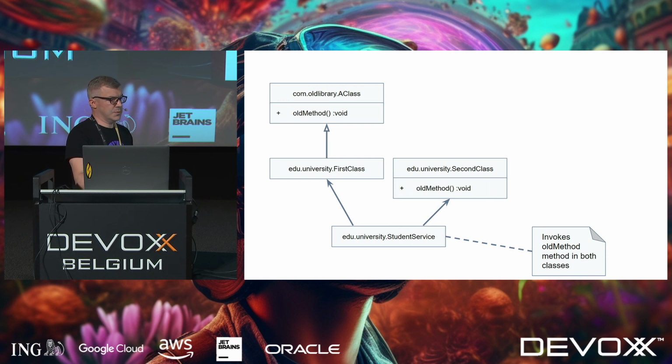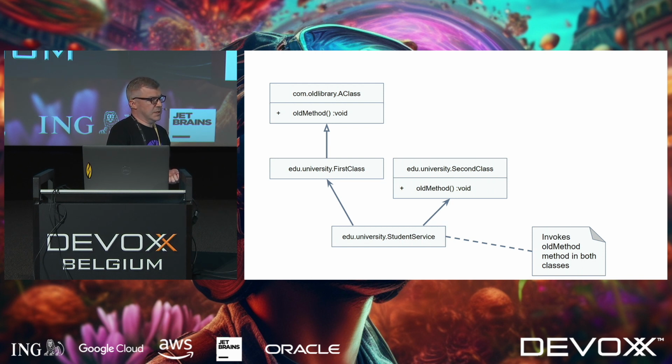So I'm going to show this in action, and to do that, I have a little sample prepared. I've got a sample application, just a simple bare bones hello world that's going to suit our purpose, where we've got a student service, and the student service is going to invoke an old method that's been defined in both a second class and a first class.